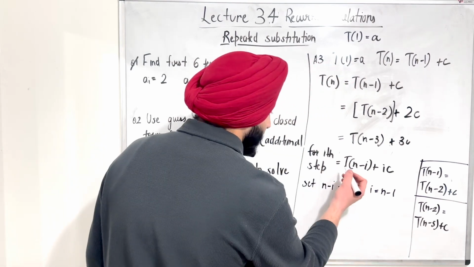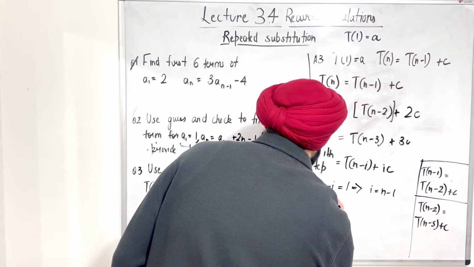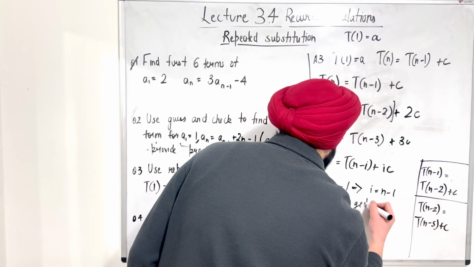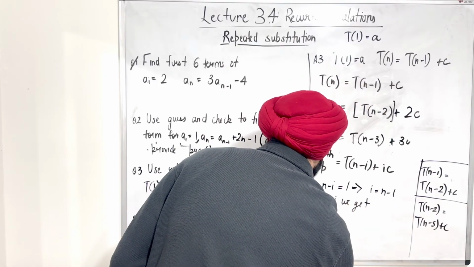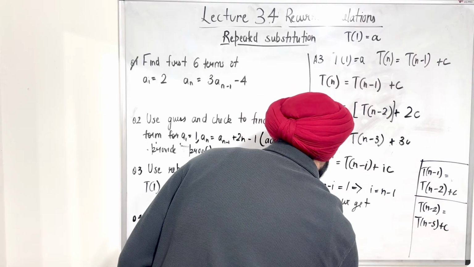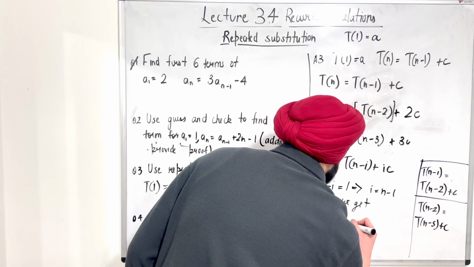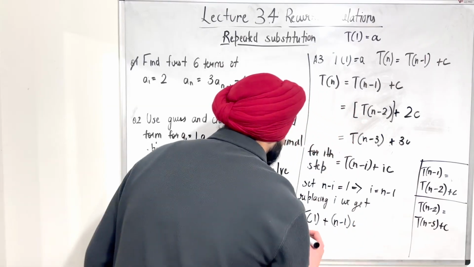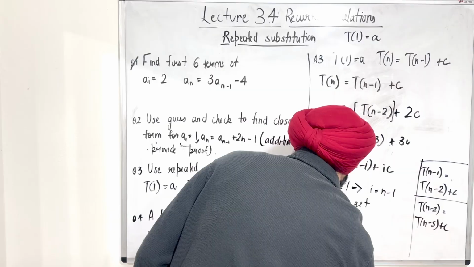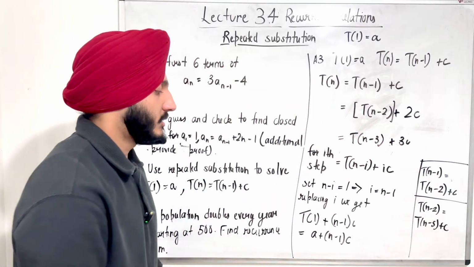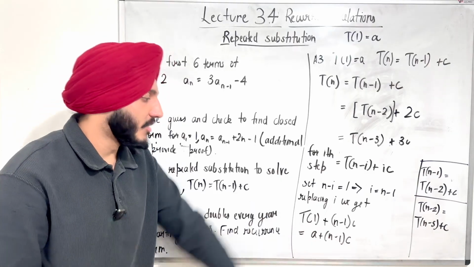So replacing i, we get T1 plus n minus 1 C equal A plus n minus 1 C. Okay, and that is going to be our final answer.